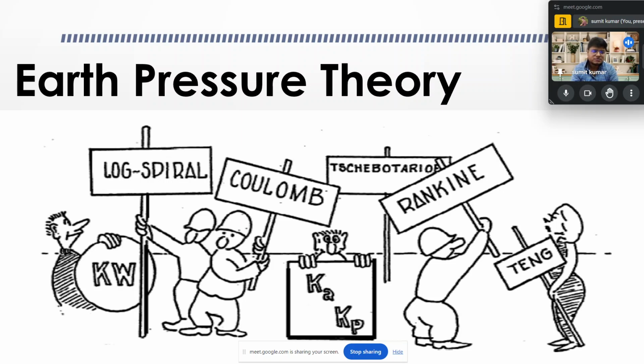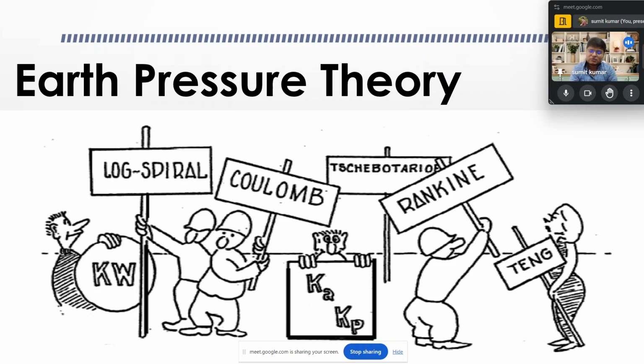In earth pressure theory, we read about the pressure applied by the earth or the soil mass, how it impacts the situation, and maybe some backfill may be there. Over here you can see some images showing the log spiral, Coulomb, and Rankine. Rankine and Coulomb are researchers, experimentalists who have given specific theories, and on the basis of that we move ahead.